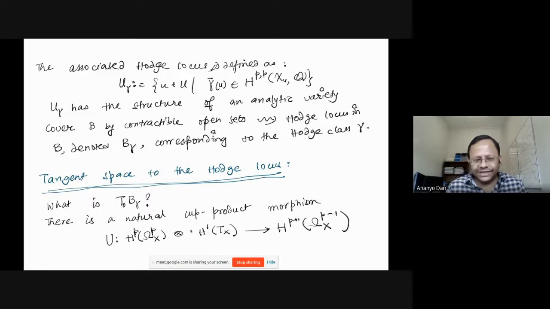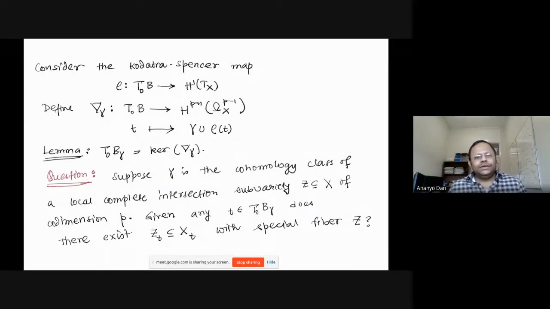It will be additive. You see H^p and H^1 goes to H^(p+1). Now, using this, we can define the tangent space, which is, you have the natural Kodaira-Spencer map.